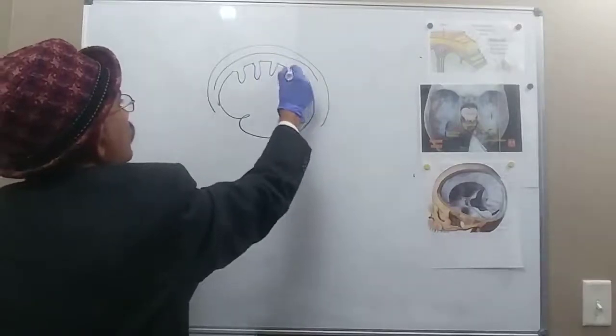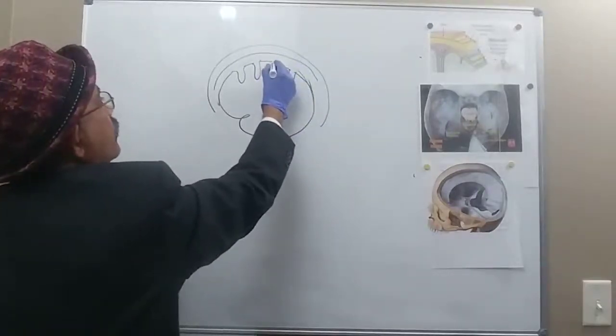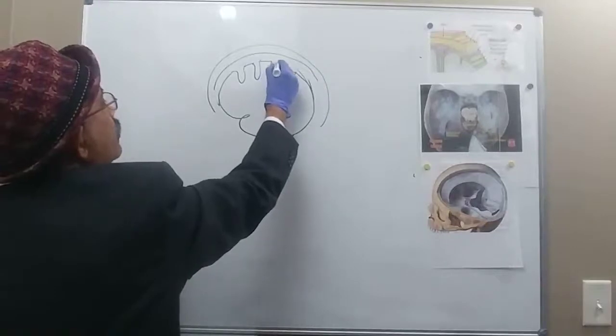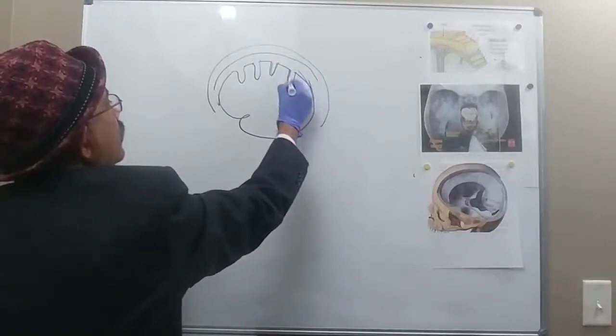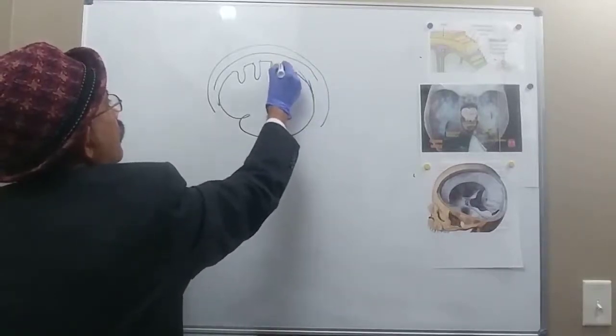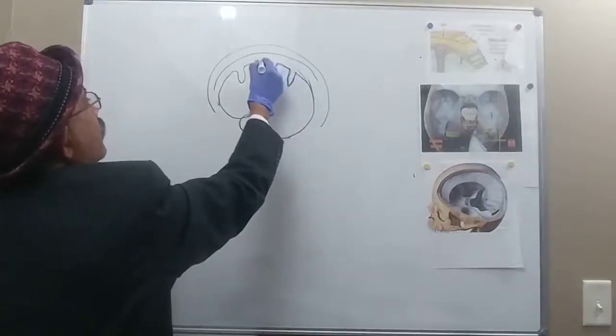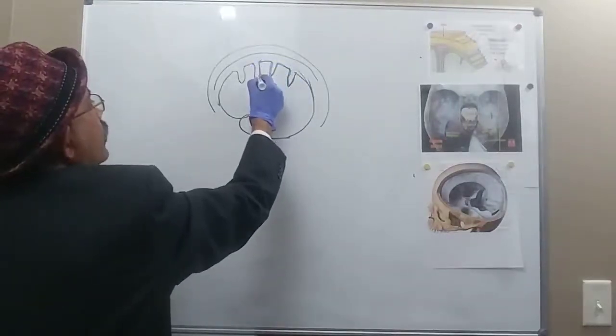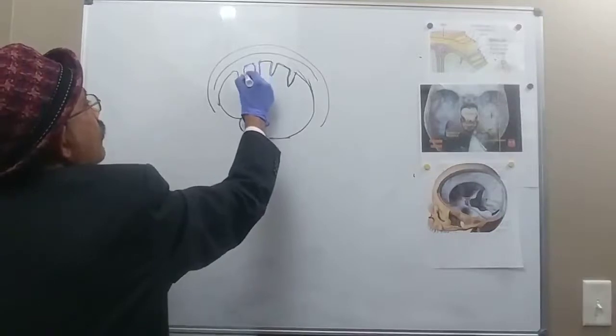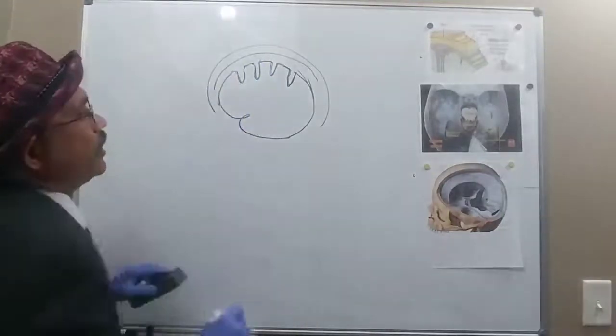So the pia mater goes to the depth of the sulci. It is also adherent to the gyrus. The pia mater goes to the depth of the sulcus of the brain, the deepest area.